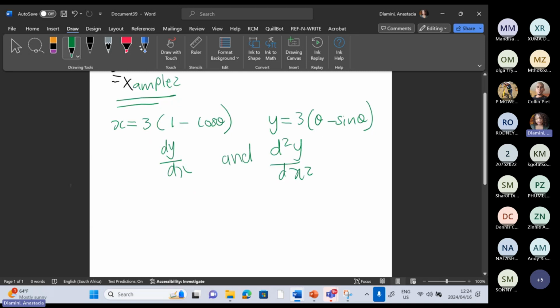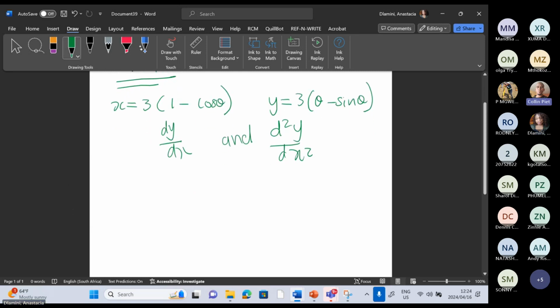What are we doing here, guys? Can someone explain what we are doing here? Don't tell me exactly to divide this, just tell me what we are doing. How is it different from the normal derivatives? That's it. We are doing parametric equations. Why?